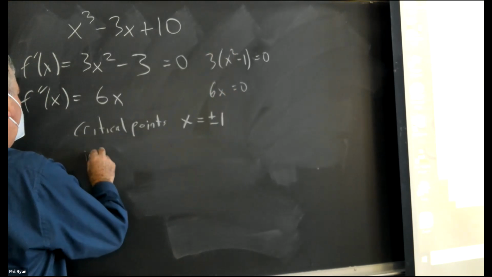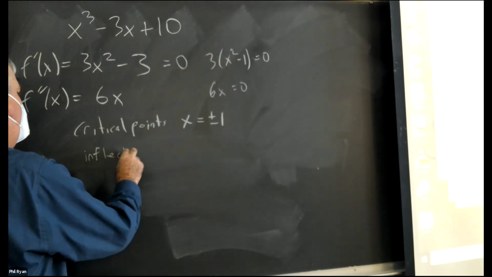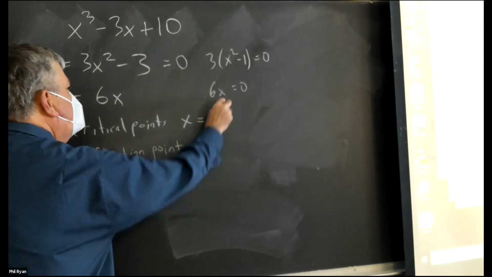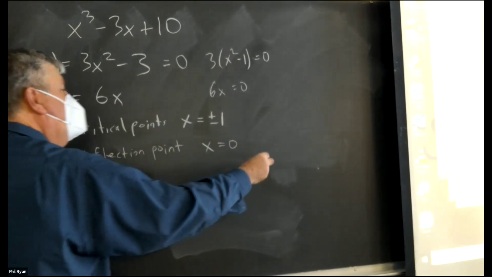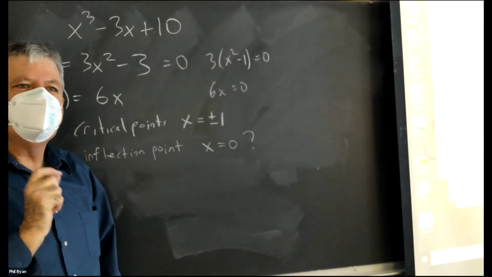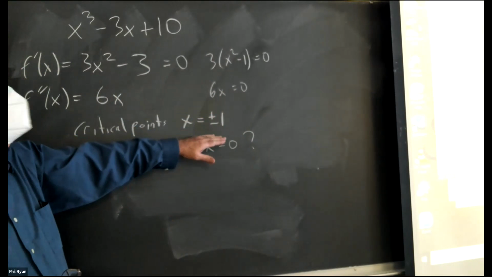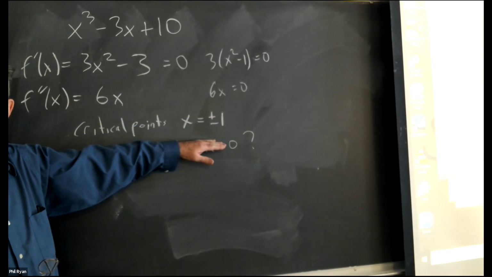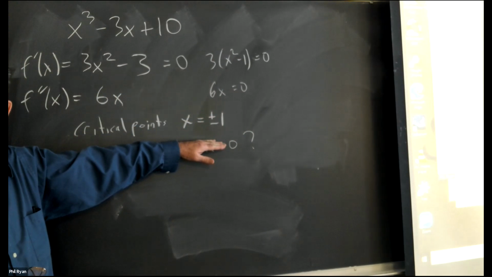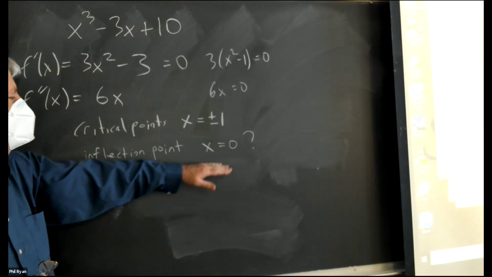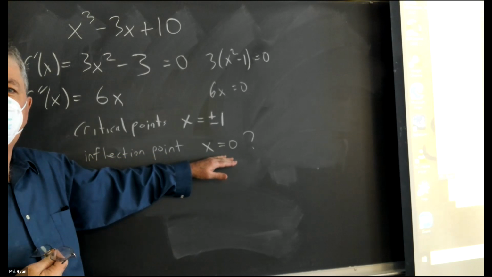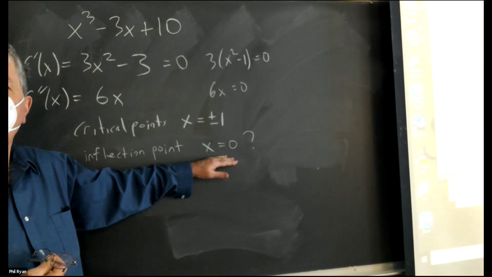And then the inflection point would be when x equals 0, but maybe. These are definitely critical points, but we don't know what they are. They could be a maximum, they could be a minimum. X equals 0 could be an inflection point, but only if concavity changes.